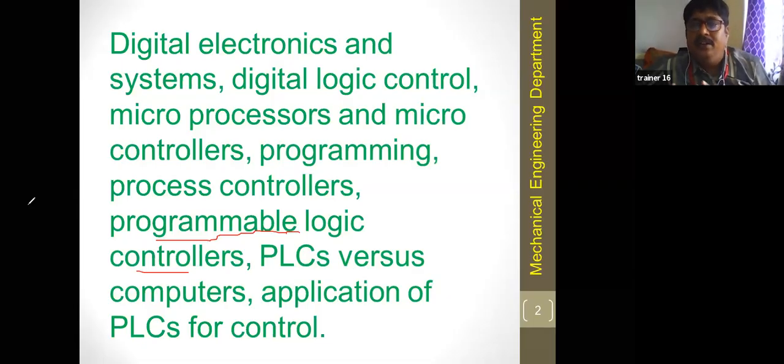Like that example, all the activation happens with the help of this PLC program. Nowadays it is very, very important. Once you learn the PLC software well, you can get a good job, maybe on the industrial side. In Singapore, PLC is in very high demand.